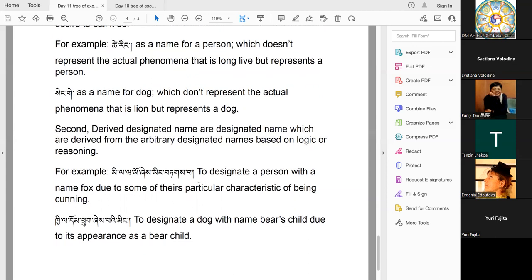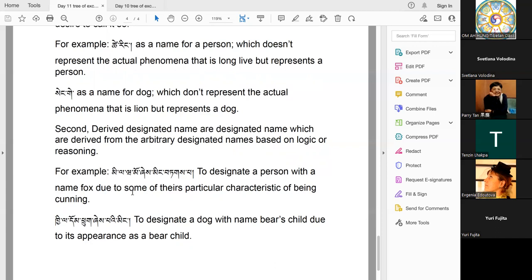Because for example, when we call a person a fox, it doesn't mean that their physical features look like a fox. It means that this person has a certain characteristic of being cunning and being manipulative. So we call them fox, like Wamo. Right?